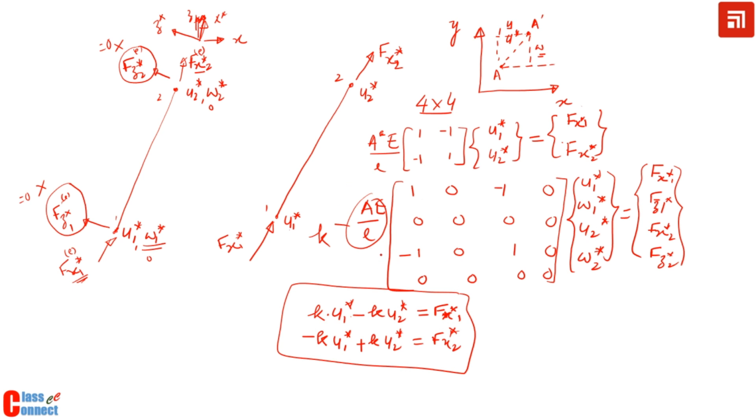So now it means we are comfortable with the representation in the local coordinate system, so that we can have the 4 into 4 representation, because in global we have 4 degrees of freedom per element, and we have the corresponding u and w. So with this, let us now proceed further. Now we can write down the element stiffness matrix in local coordinate system as k star delta star equal to f star.